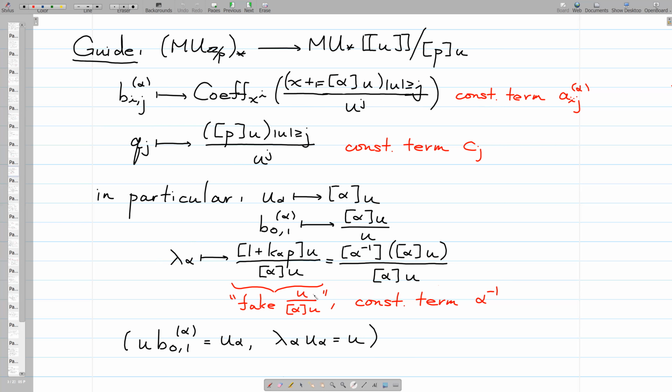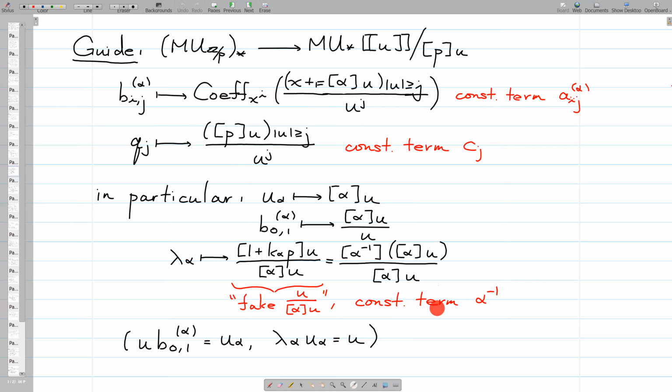In the numerator, because P of U is modded out, you can take 1 plus an integer multiple of P, this power series in U. So that's alpha inverse, which just means a number between 1 and P minus 1, applied to alpha of U. So that means you can divide it by alpha of U. But in and of itself it is not an actual inverse to this element.